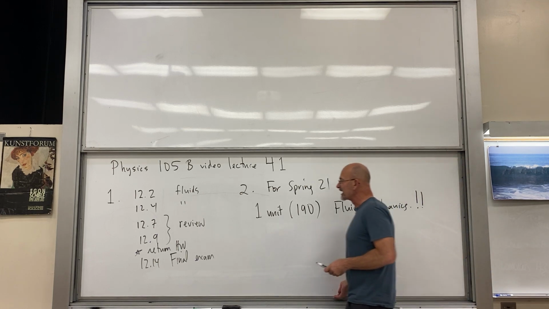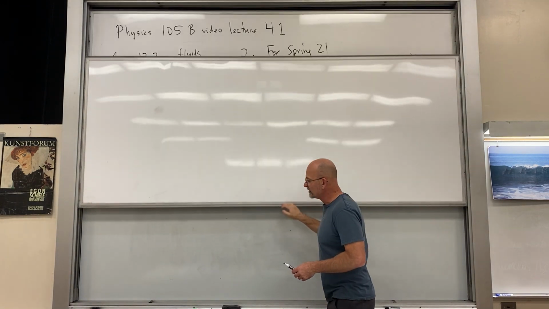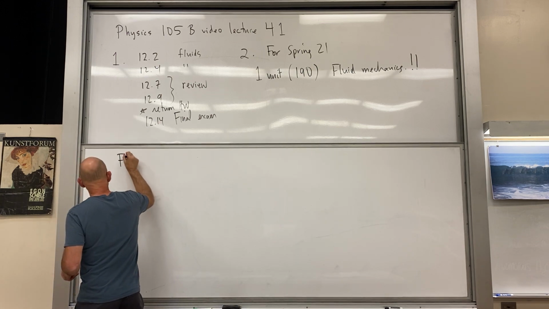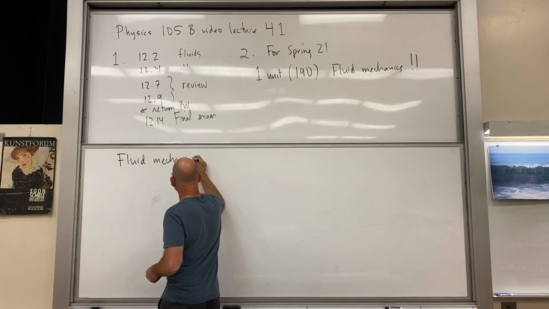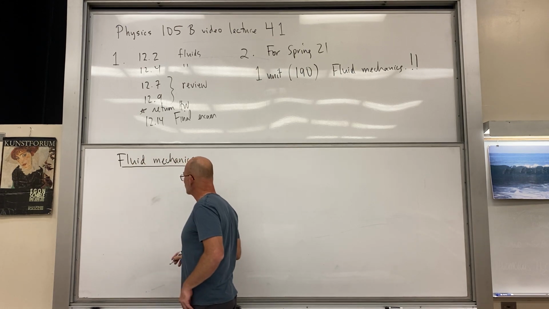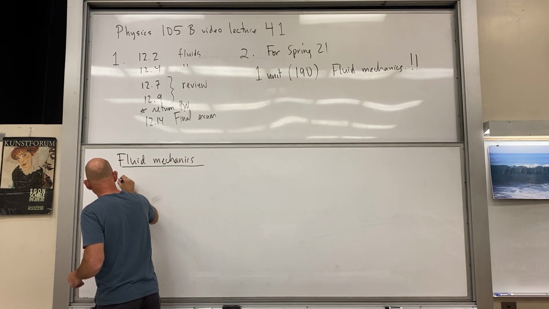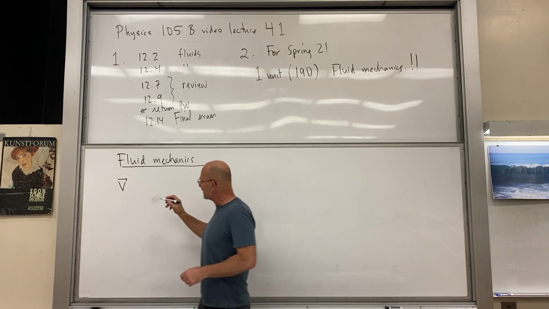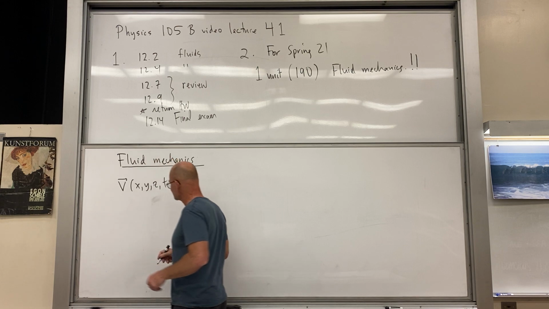Okay, so now we're back into where we left off. And I'll briefly recapitulate. So when we're doing fluid mechanics, it's a field theory because we have in our three-dimensional space a vector field that represents the velocity of the fluid at that point in space and as a function of time.